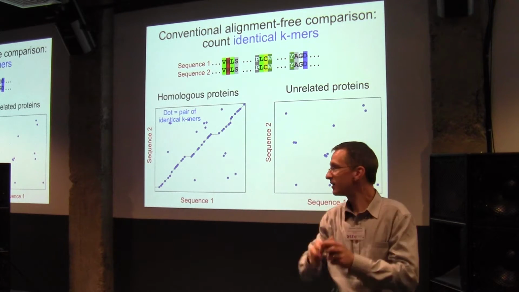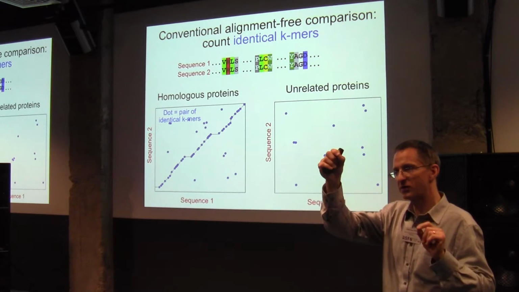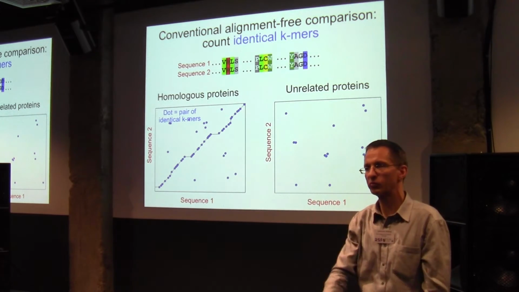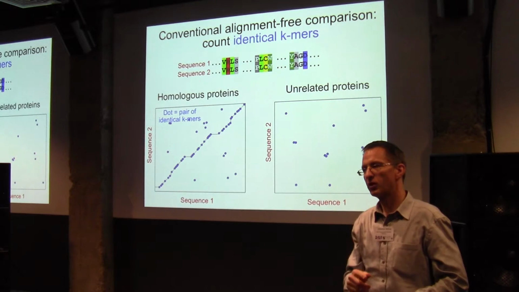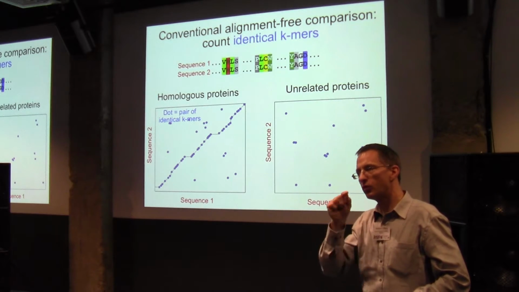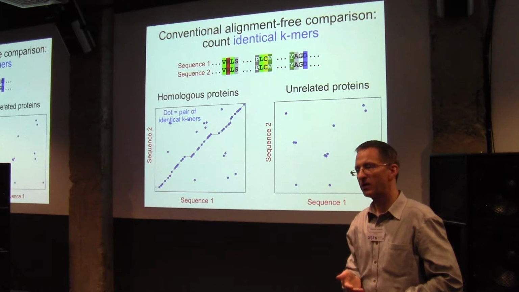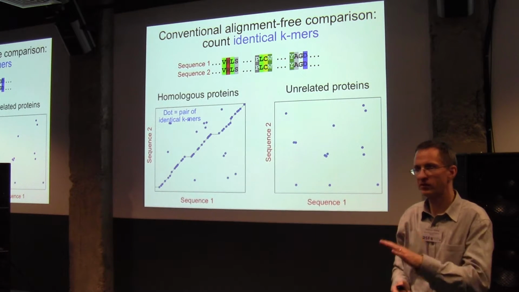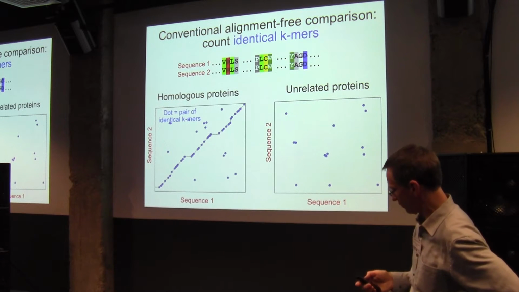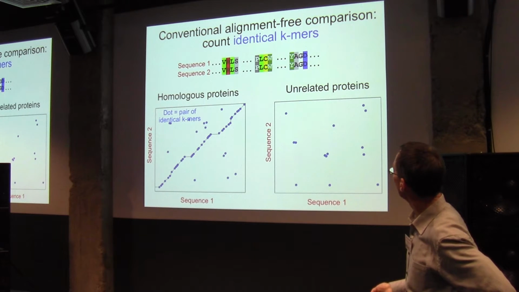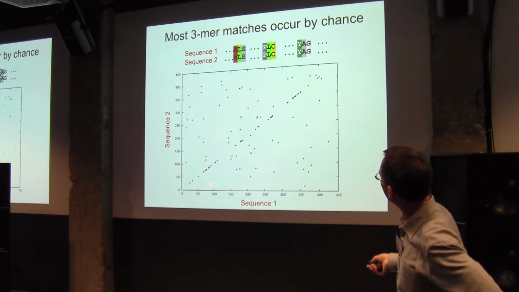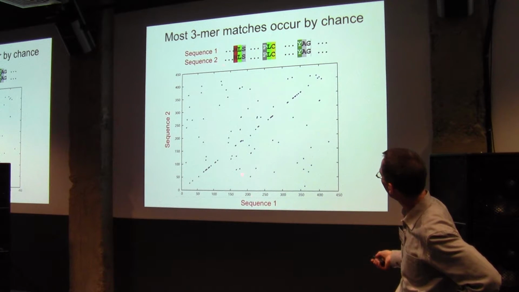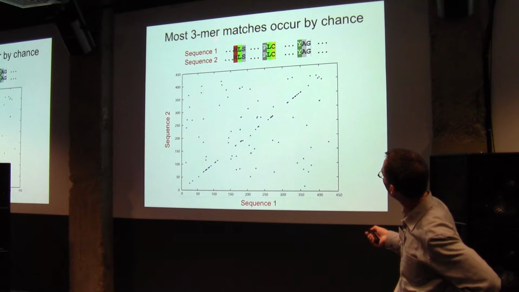So what we do is we take every 7-mer that is in the query protein that we're currently processing, generate up to 10,000 or 20,000 similar ones, and look for database sequences that have one of those 20,000 similar ones. It's still very, very specific, because there are so many 7-mers, right? That 20,000 is still a very small fraction of all of the possible 7-mers. So when you look at this in a more realistic example, these are 2 homologous sequences where we have indicated all the 3-mer exact matches.